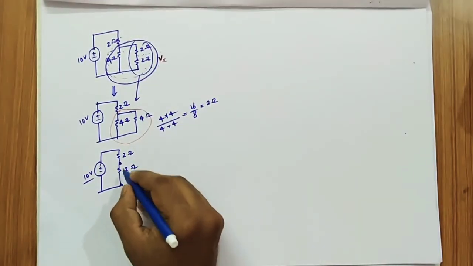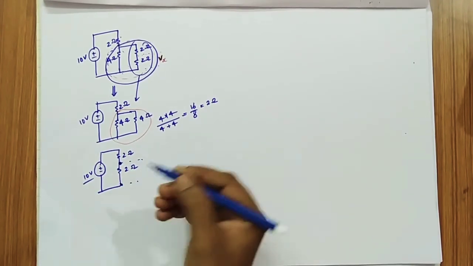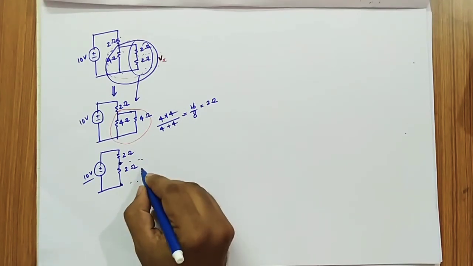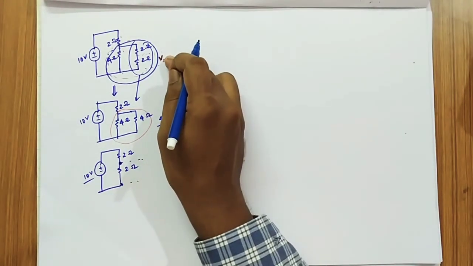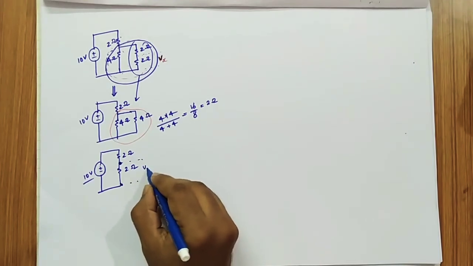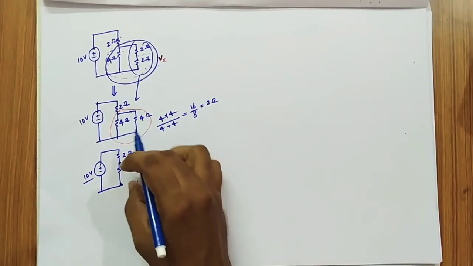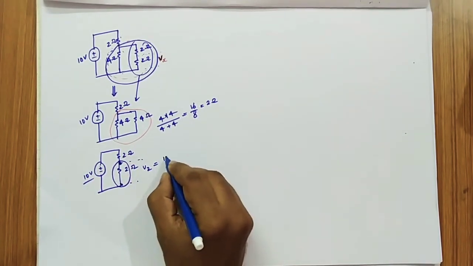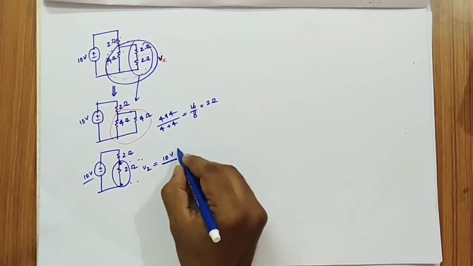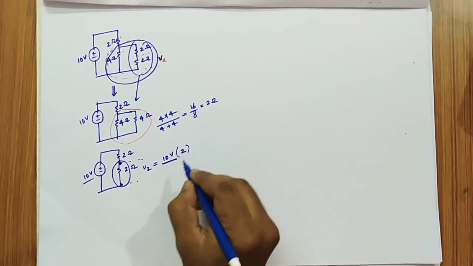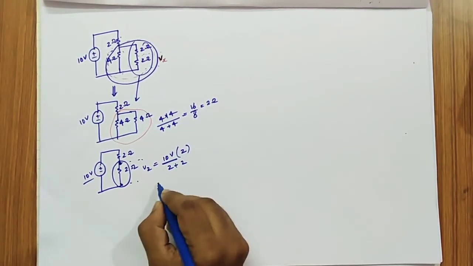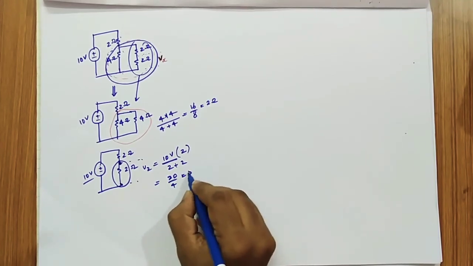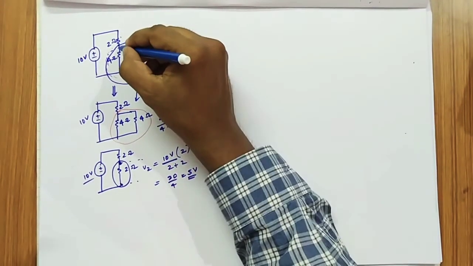Let us name it V2. The supply voltage is 10 volts, so V2 equals 10 into the corresponding resistance 2 by 2 plus 2. Solving this we get 20 by 4, so you have 5 volts across this branch.